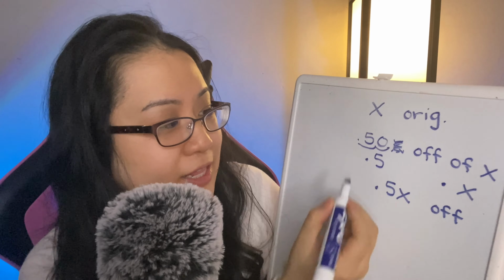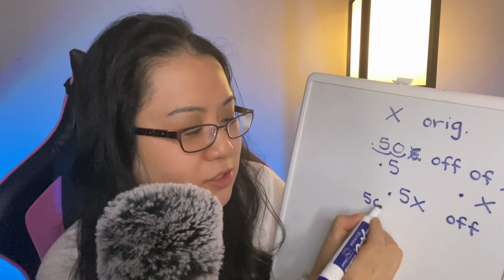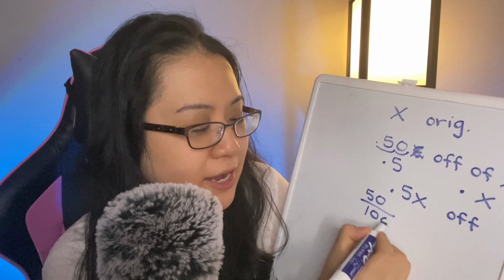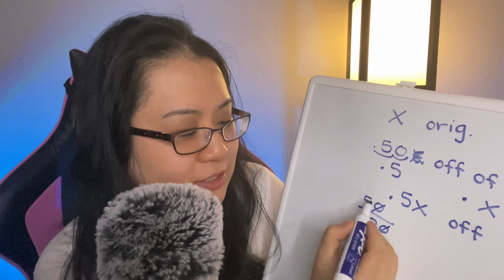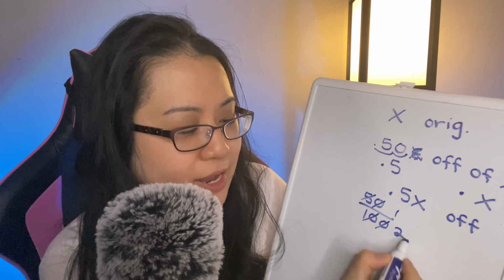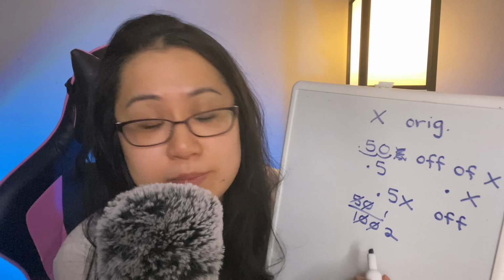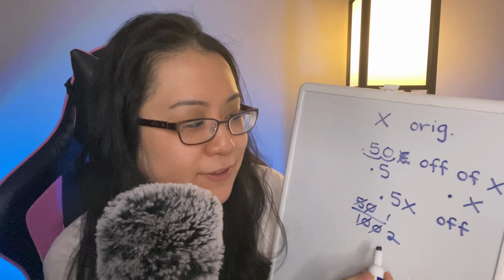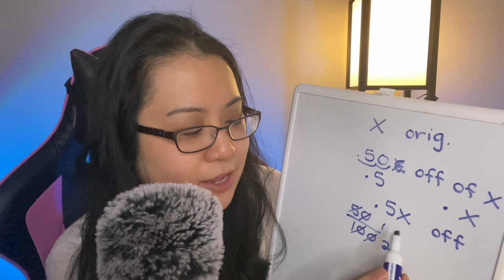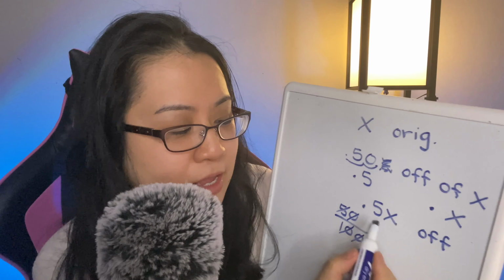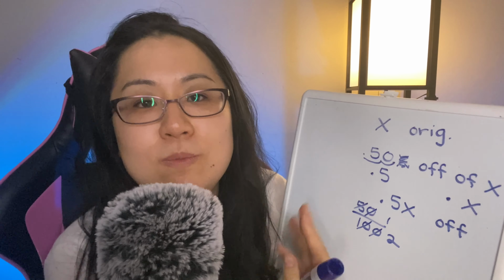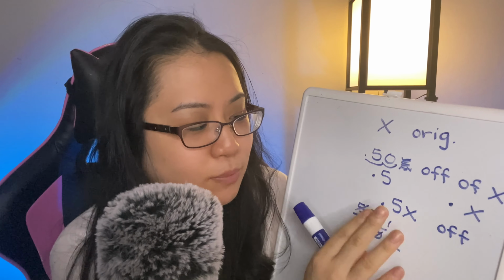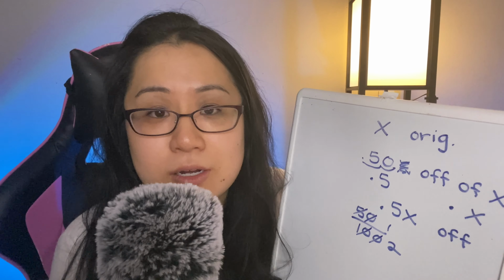Another way to write that is to take the 50 and put this over 100, out of 100. And if you prefer to work with fractions, that simplifies down to 1/2. If you divide the top and the bottom by 50, you get 1/2. So that's why we have a 0.5, we have 1/2, those are all the same. And you could do half of X. So when you have "of" something, you multiply it. So 0.5X is the dollar amount off.